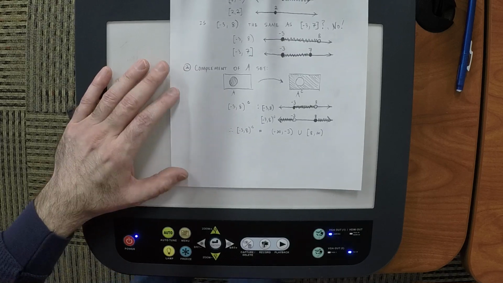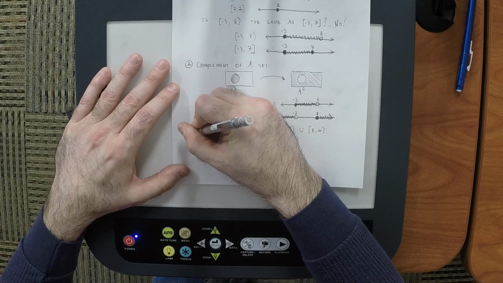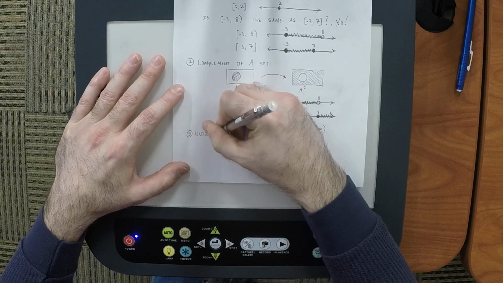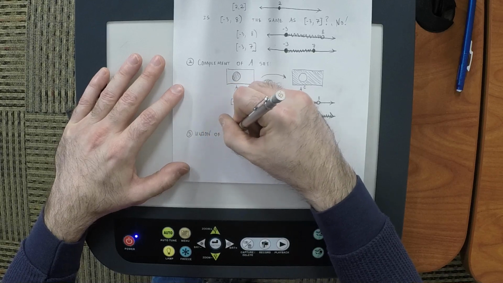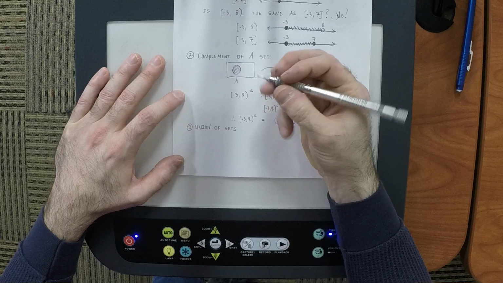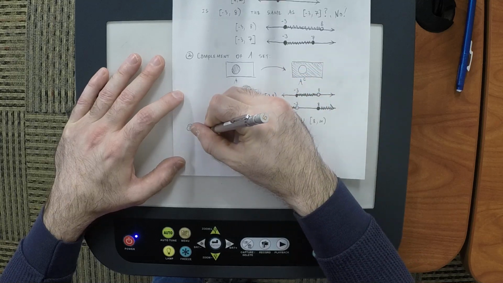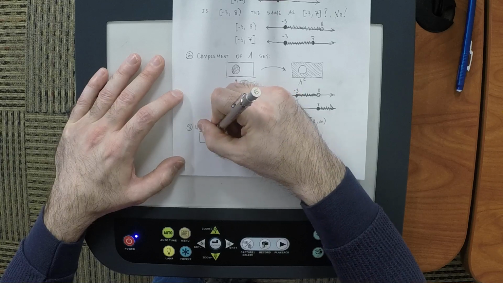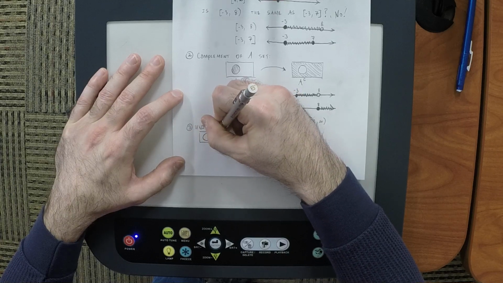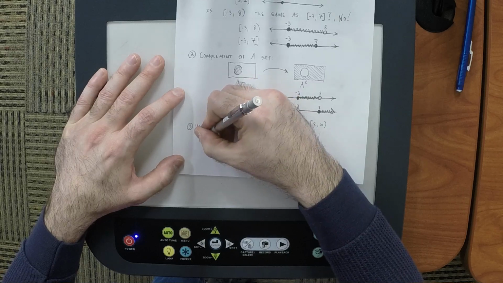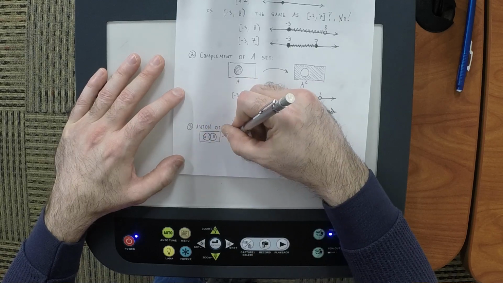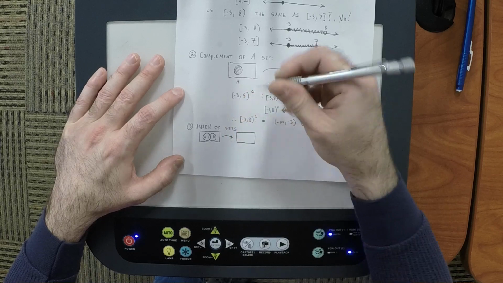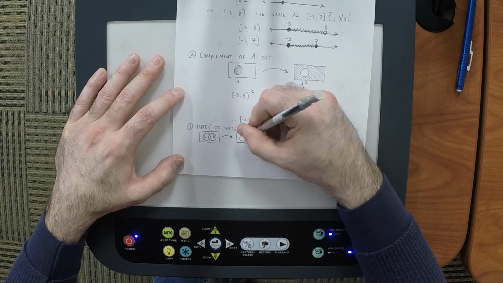Okay, so that's complement, and then 3. We also said union of two sets. So union of sets. Diagrammatically, if that is set A, and this one set B, then union means that you're in one set or the other set or both.